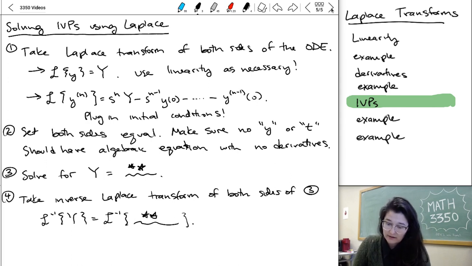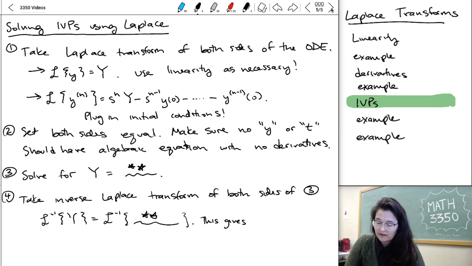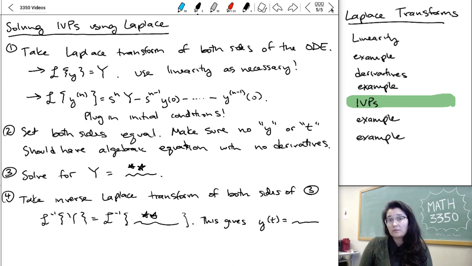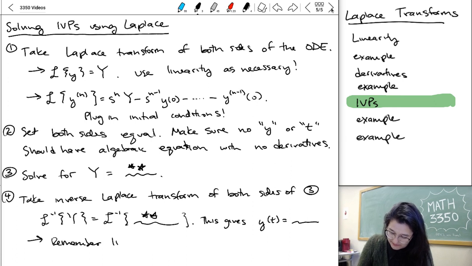That's going to give us the solution y of t equal to something. And at this step, the only thing to be really careful about, I guess again, you really want to remember to use linearity as necessary.